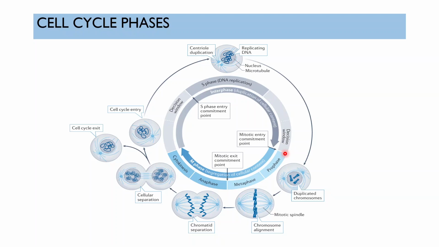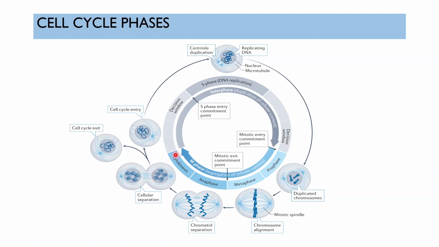How? It replicates its DNA, which occurs primarily in the S phase of the interphase, and also duplicates its centriole. And after it enters the M phase, the chromosomes will arrange themselves on the equatorial plate, and they will be pulled towards the opposite pole, and then they will be divided into two daughter cells.